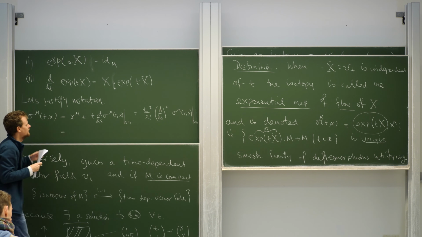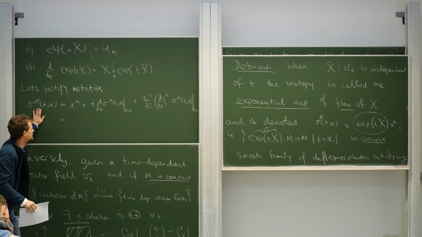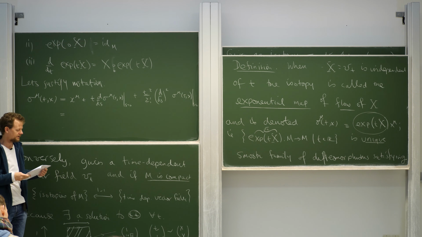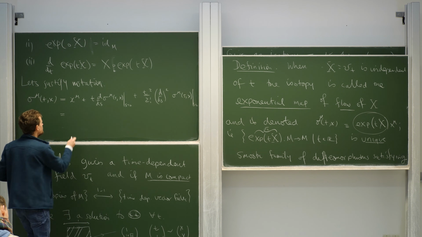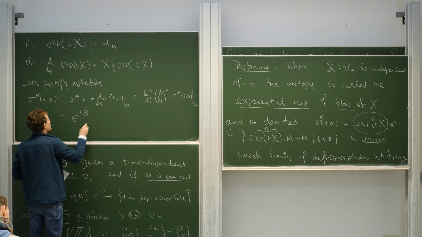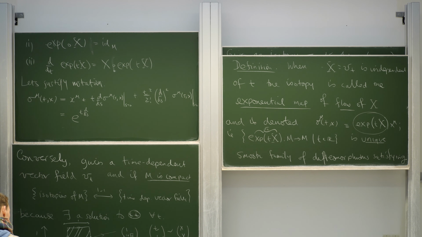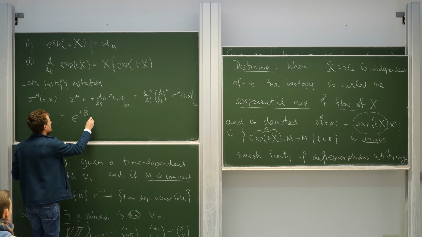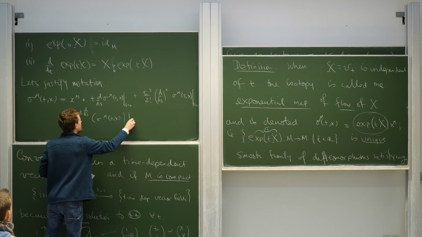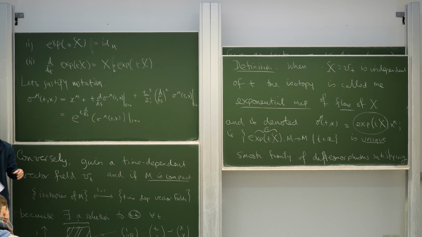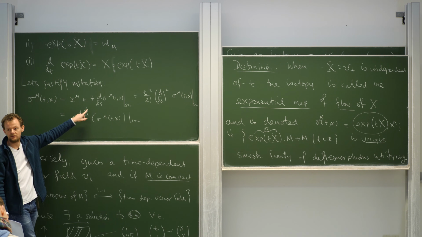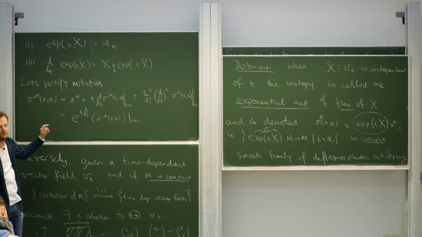And I'm not sure if you've seen this before, but a neat way to remember the Taylor series expansion is just notice that it's the same as the Taylor series of e to the t times d/ds at s equals naught. Have you seen this trick before? That's the identity operator, e to the t d/ds at s is 0.